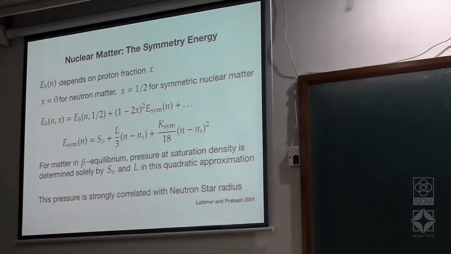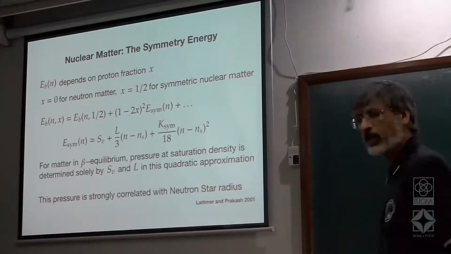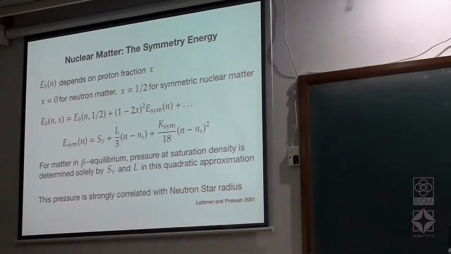The next term is called the symmetry energy. The symmetry energy itself is density dependent. For a given value of x, the symmetry energy is density dependent. It can then be expanded in density as departure from nuclear saturation density, Ns.